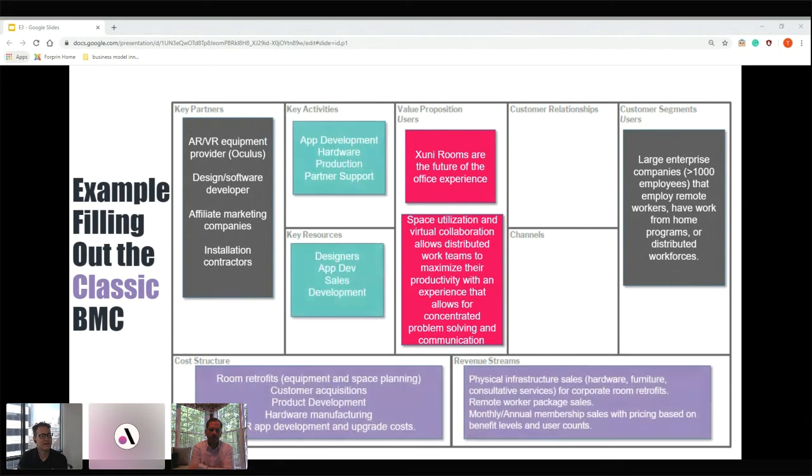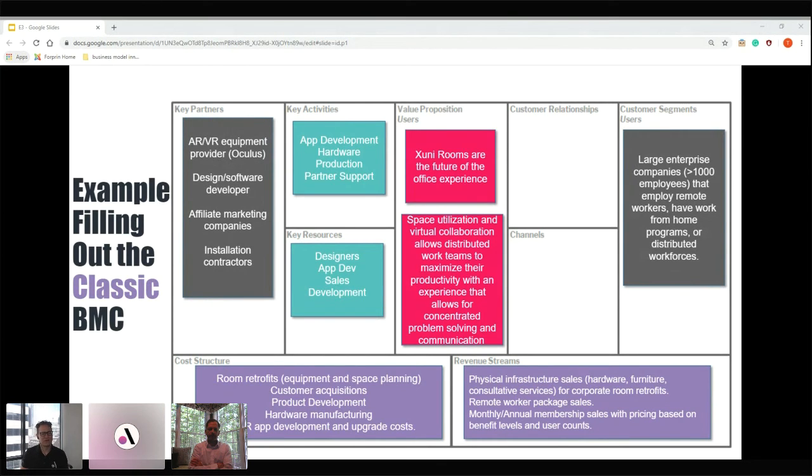Moving over here to key activities. Key activities of this business were app development, hardware and production of the furniture, and also supporting the partners. Key resources were going to be designers, app developers, and a sales force as well. So how do we make money off of this? We were going to sell these kits and the retrofits to the home offices. That would be hardware, furniture, and also consulting services around space utilization.